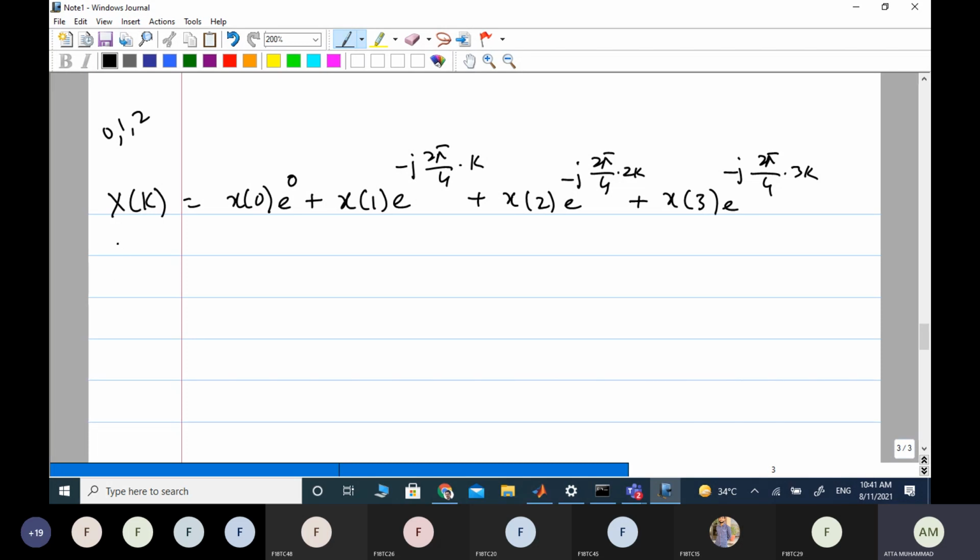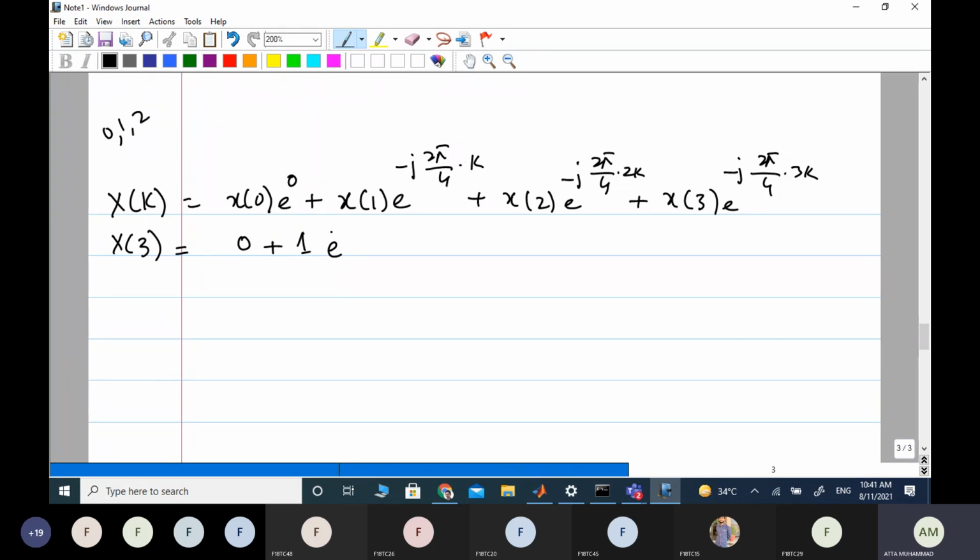Now it's time for computing X(3), right? So this is equal to x(0) is 0, we know that, plus x(1) is 1, and you can see from here, when k is equal to 3, we get 3 here, right?